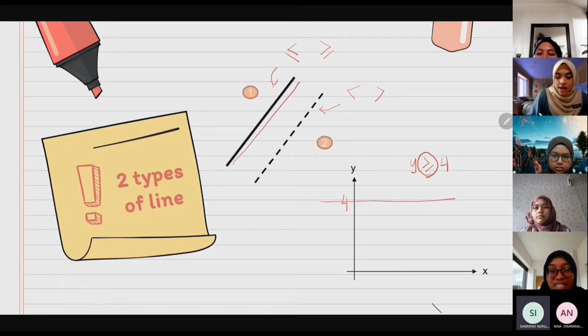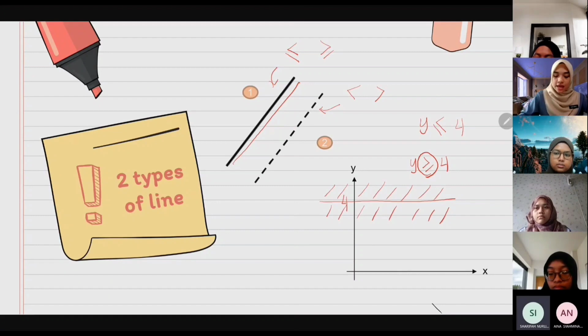And then if you have greater than, or greater than or equal, the shaded region that you need to draw is under the line. If you have the linear inequality y is less than or equal to 4, you need to shade the region under the graph.